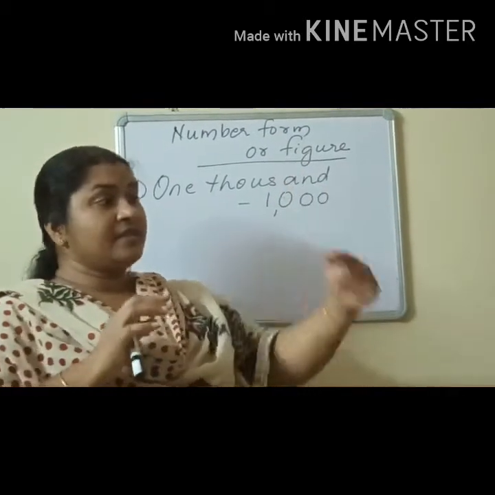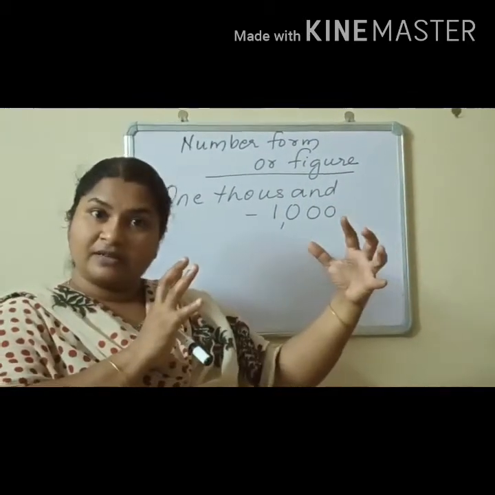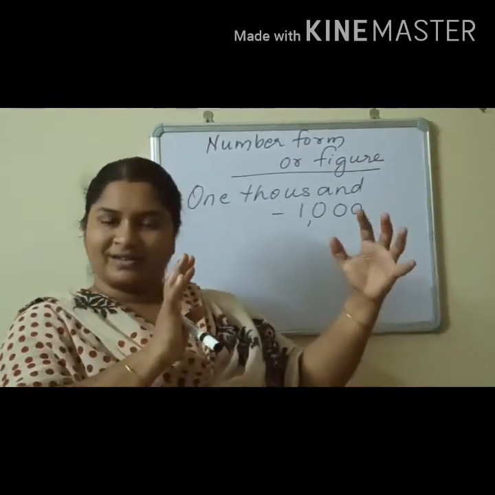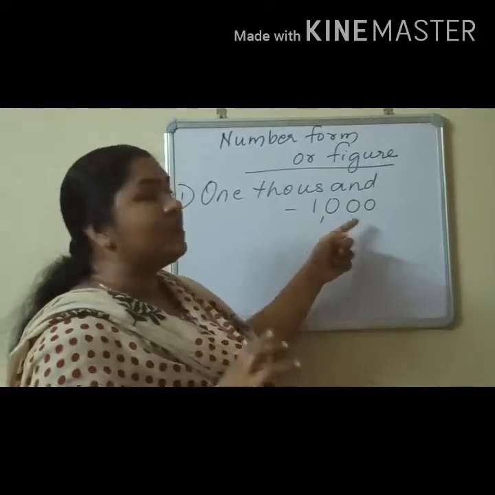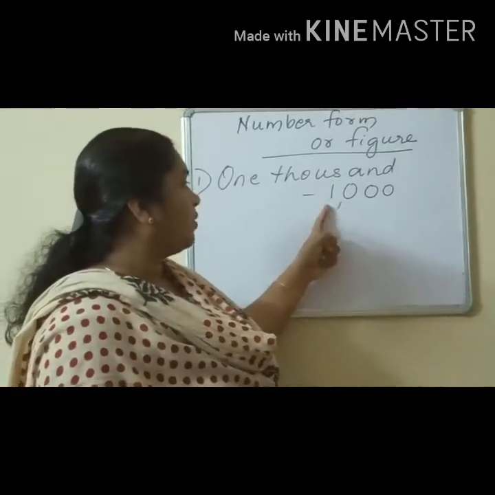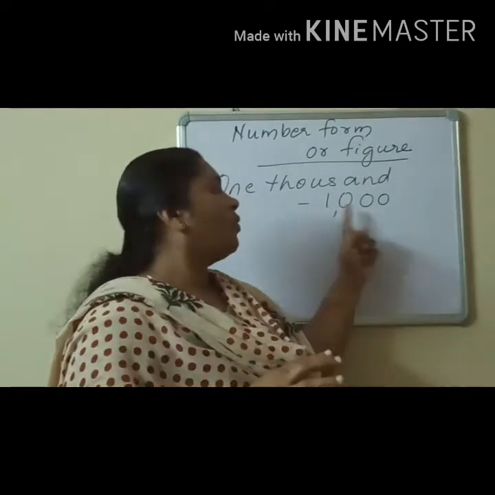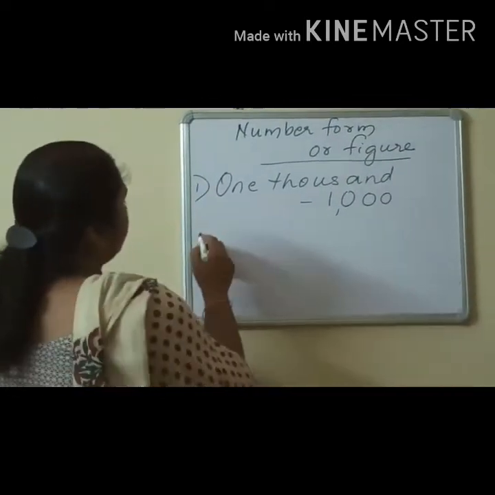So here 3 places we have to fill. Nothing is there means we have to put zeros and fill. So here total 4 digits should be there. 1000 and nothing is here means put 3 zeros. So this is 1000.